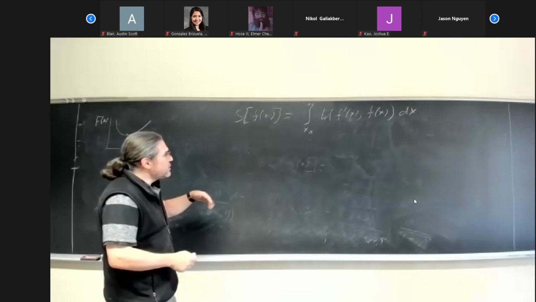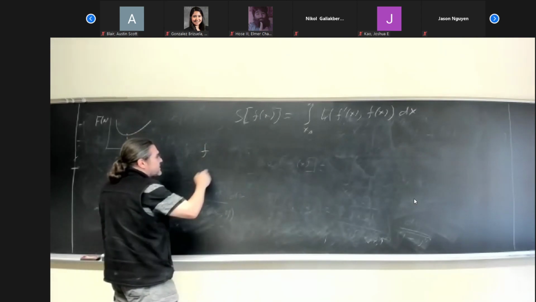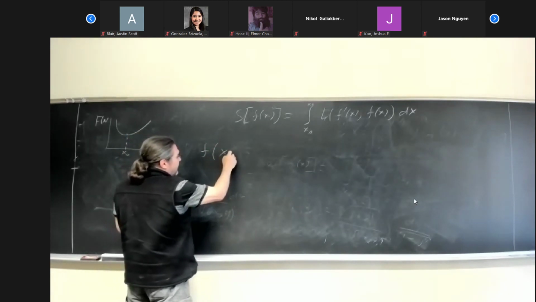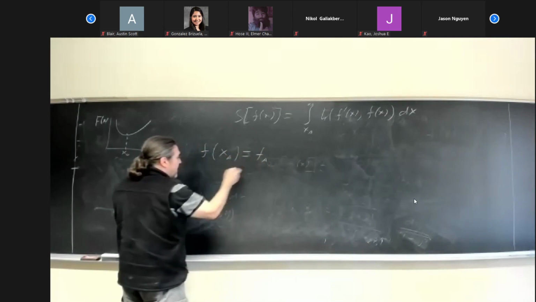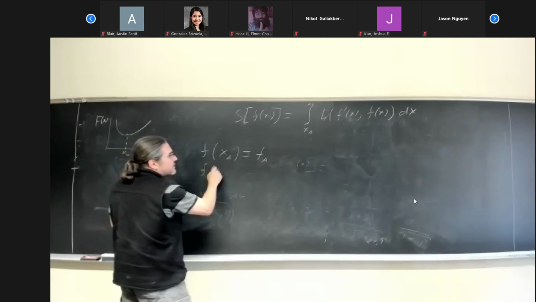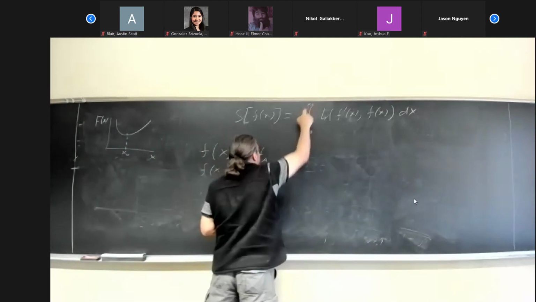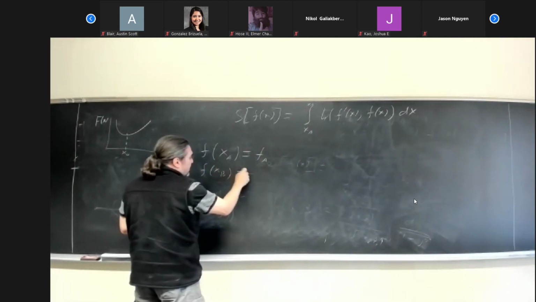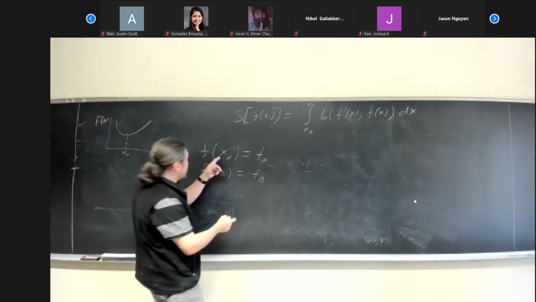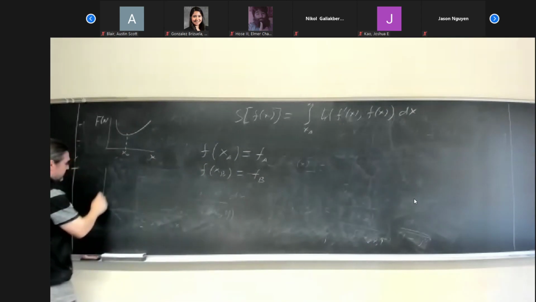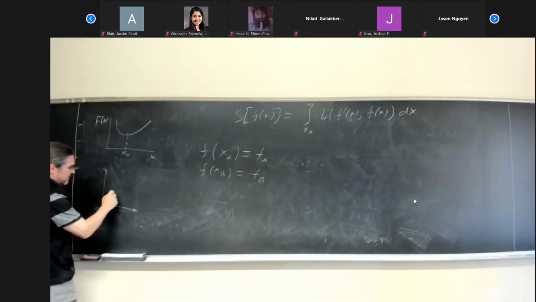So what we want to do is to consider only the functions such that f of xa equals fa, a given number, and f of xb equals fb. If you think about this as a travel from point A to point B, this is A, this is B, right?